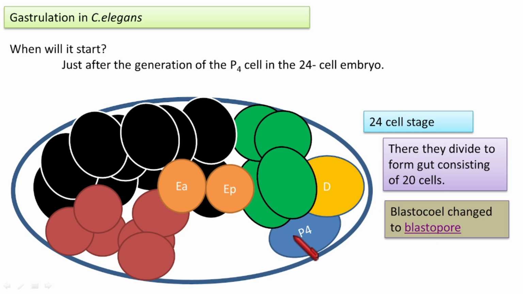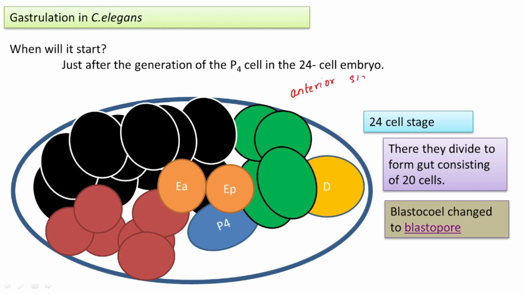The second process is the migration of the P4 stem cell through the blastopore towards the inner side of the embryo. It moves inward and occupies a position below the gut primordium. Okay. And the third process is the migration of MS descendant cells through the anterior side of the blastopore towards the inner side of the embryo.